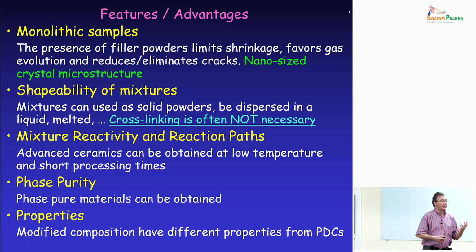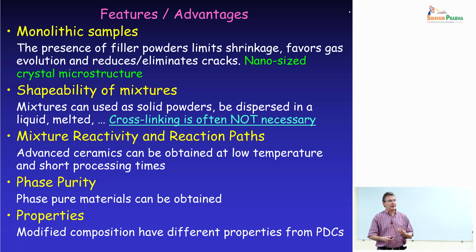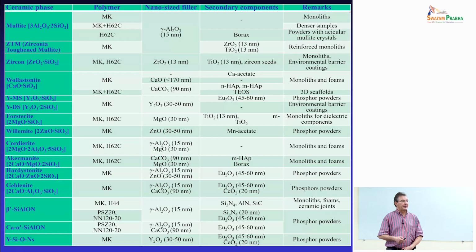Since you have a high loading of particles, cross-linking the preceramic polymer is not always necessary, which means that you can use preceramic polymers that are not tailored for setting reactions. You can control the mixture reactivity and the reaction path and obtain, as I mentioned, phase purity. And of course, by modifying the composition, you can get different properties for your materials.